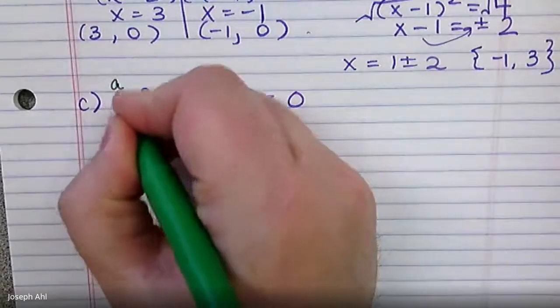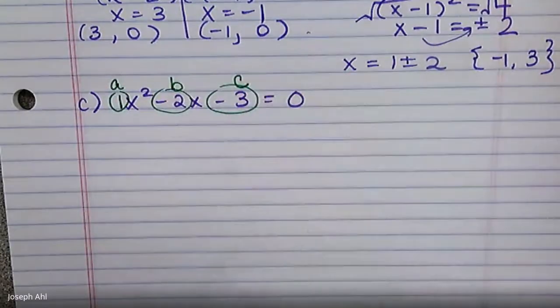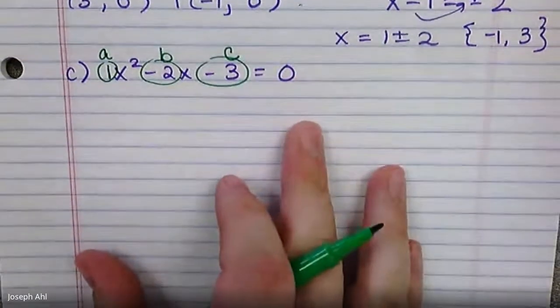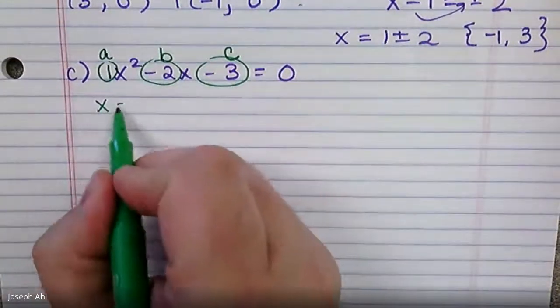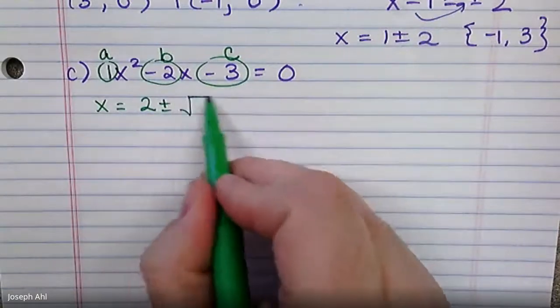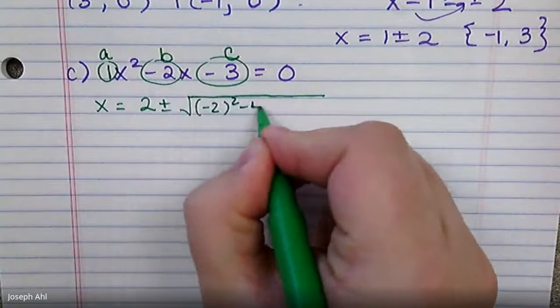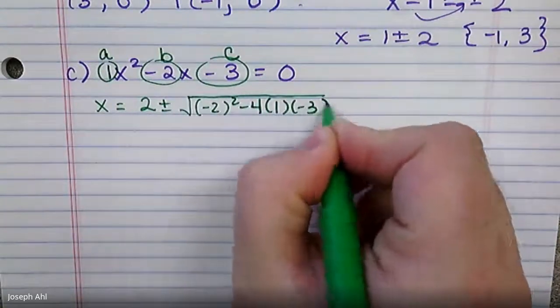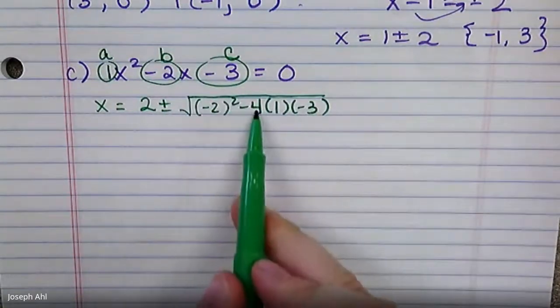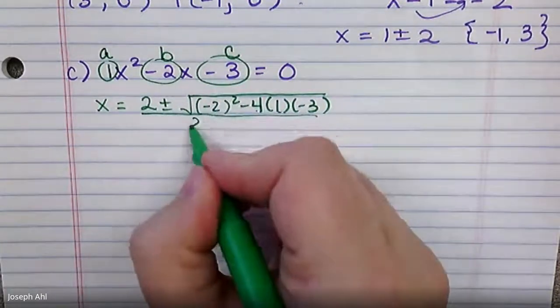There's my a, the coefficient of x squared. b is the coefficient of x, and then c is the constant. So it's going to be x equals negative b, which is +2, plus or minus the square root of b squared minus 4ac. So plug those numbers in, right? b squared minus 4 times a times c, all over 2a. Okay.